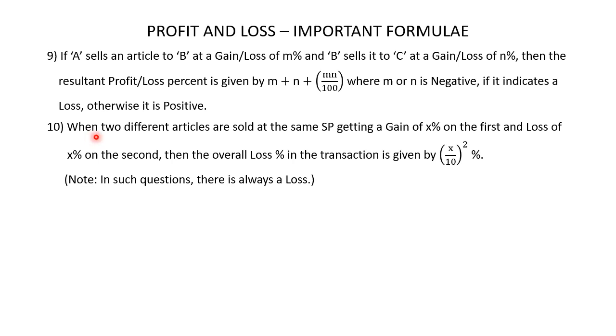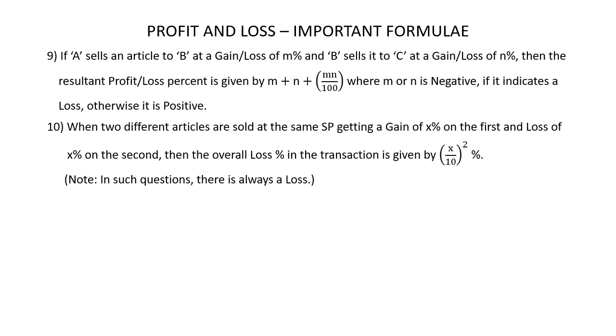When two different articles are sold at the same selling price, getting a gain of X% on the first and a loss of X% on the second, then the overall loss percent in the transaction is given by (X by 10) the whole squared percent.